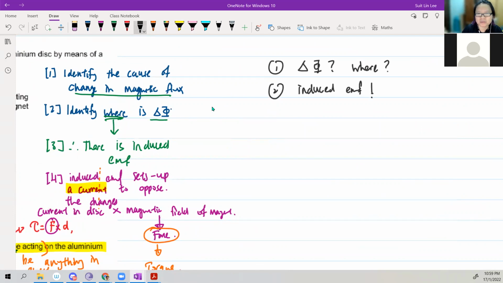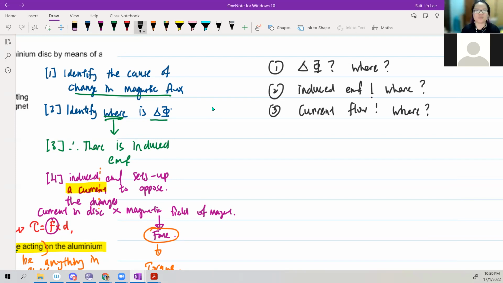But please make sure you also explain where. Because some students will say there's induced EMF in the magnet bar, and I go like, that is not the right place. It's not the magnet bar, it's the disc. Okay. Number 3, current flow. EMF, current flow. Again, where?